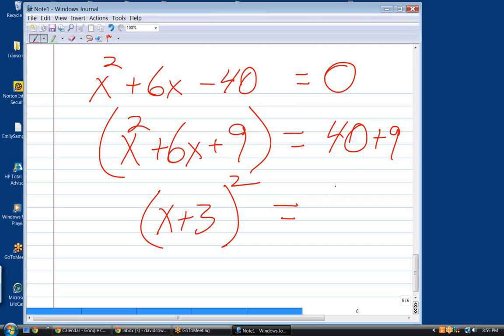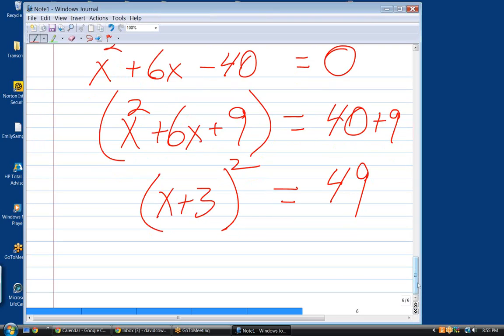Now, I can solve this because the entire left side is being squared. So what's the next step? Square root. Oh, my bad, square root. Okay, so take the square root of both sides. What do you get?